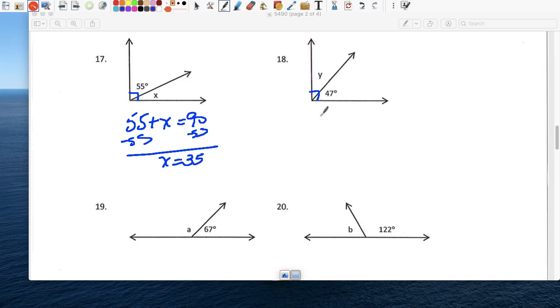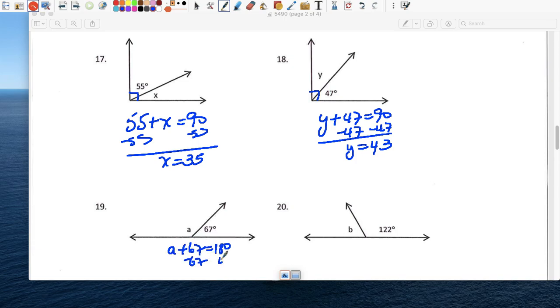This one is also complementary, which means that y plus 47 equals 90. Minus 47, y equals 43. Bottom two, supplementary, so a plus 67 equals 180. Minus 67, and a equals 113. Look how easy that is.